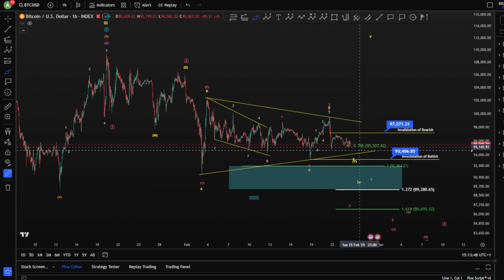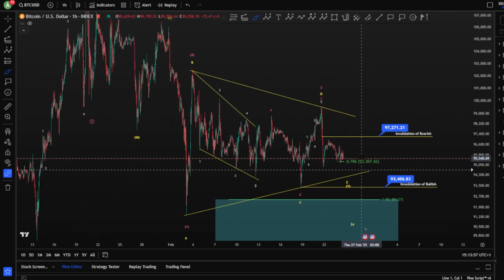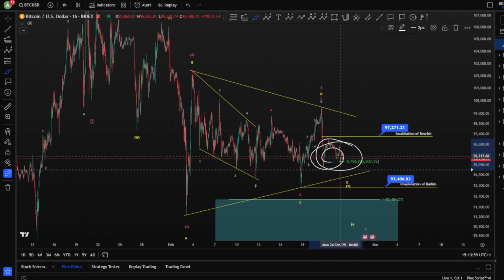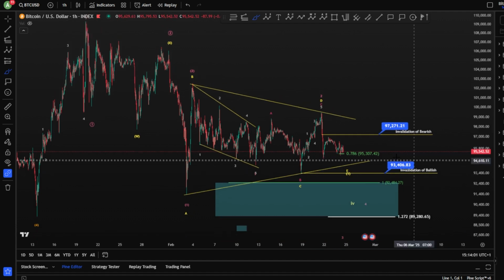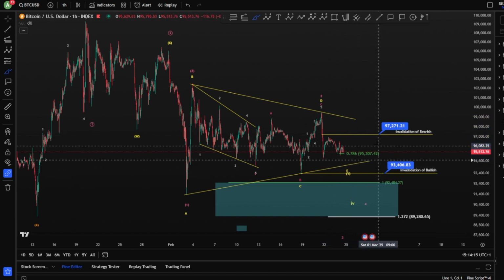Now, which one has higher possibility, the bullish or the bearish? Well, I would say that the bearish still has priority here, because of the unfinished structure. We still need to finish a structure. At least if we are finishing in wave E here as a triangle, probably we still need to move toward the downside to finish this wave E, maybe with this trend, and then move higher potentially.